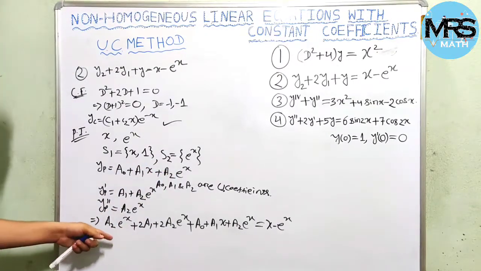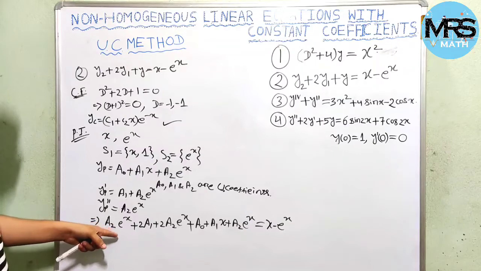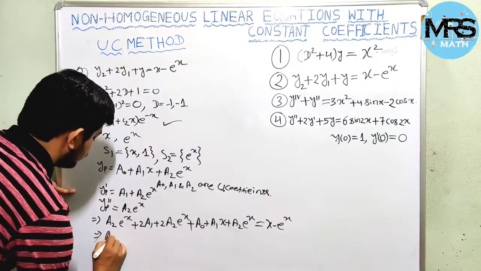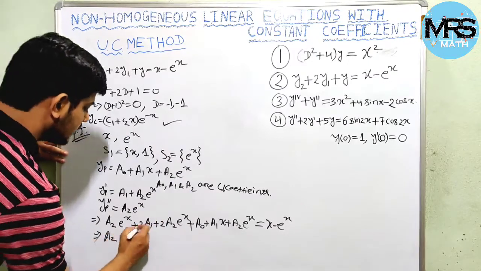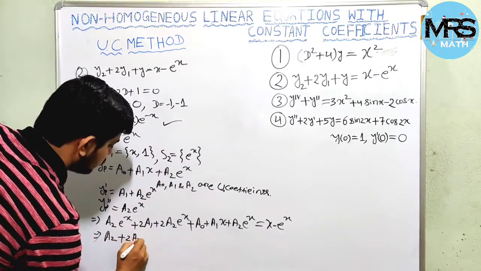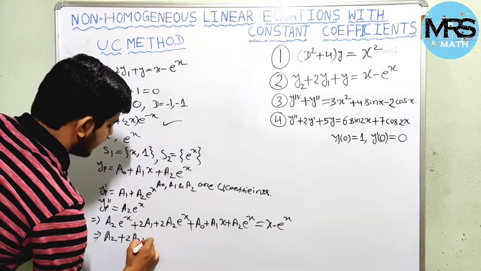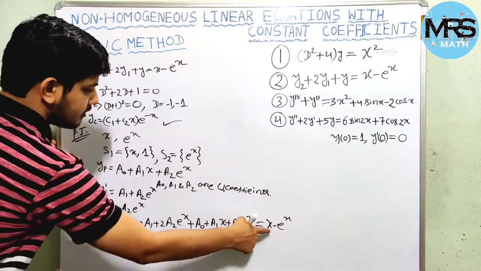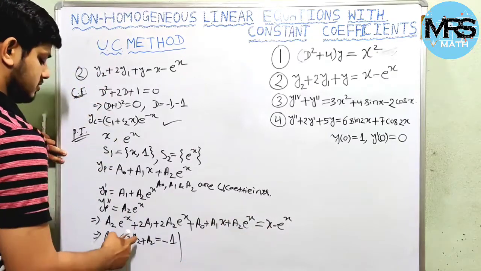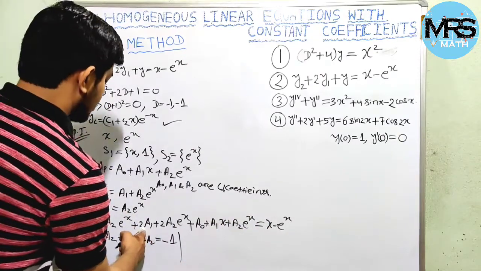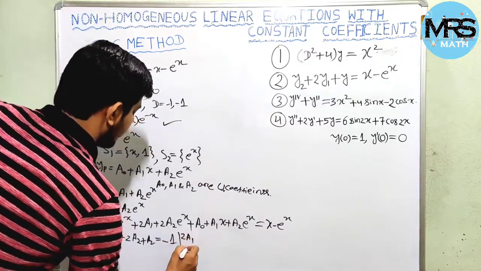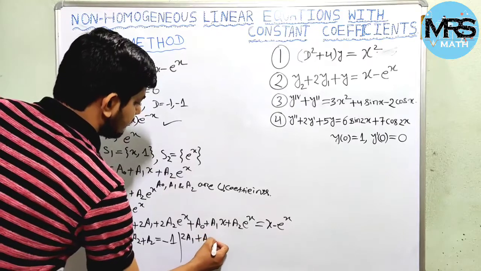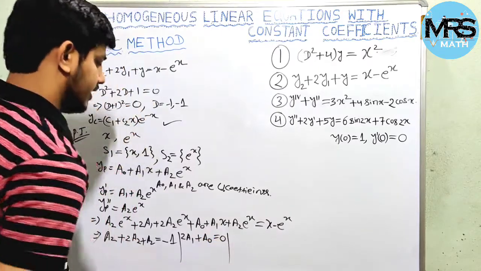Okay, so first of all, if you take the coefficients of e to the power x, then what you will get? This is a2, correct, plus 2a2, correct, plus a2. Okay, that is equal to minus 1. Now if you take the constant terms, that is 2a1, this is a0, which is equal to 0, right?